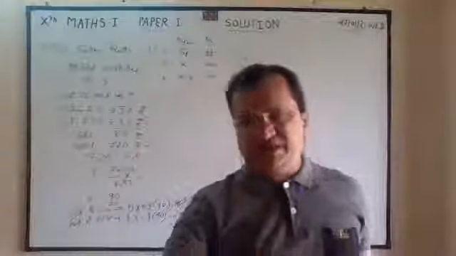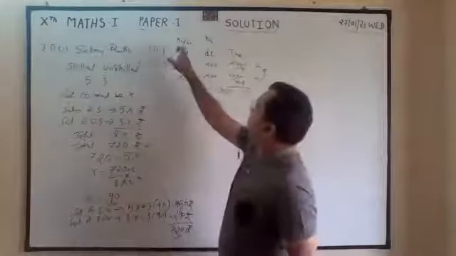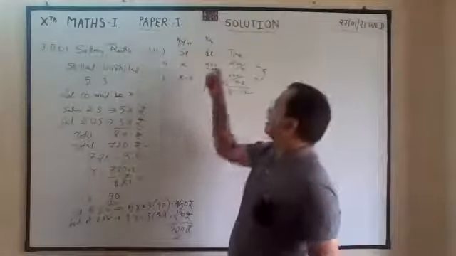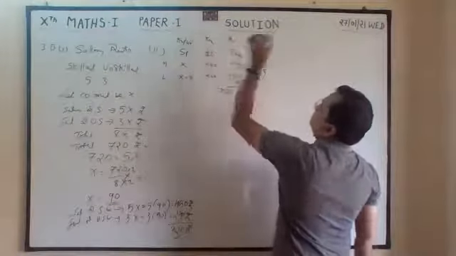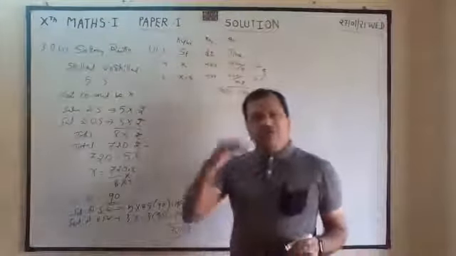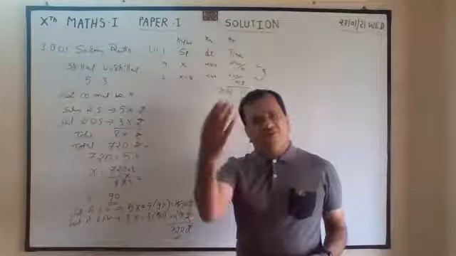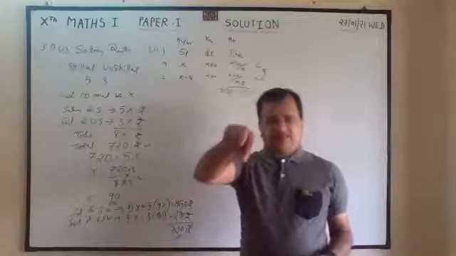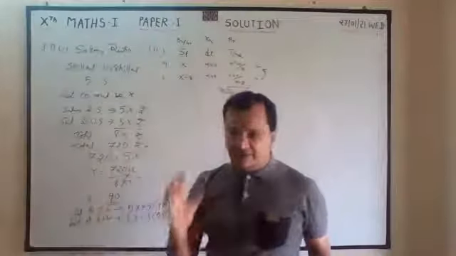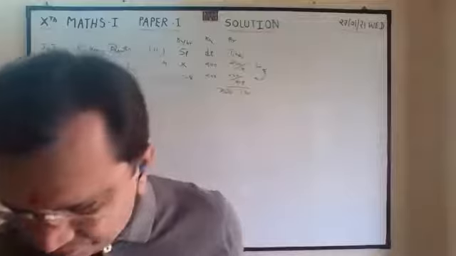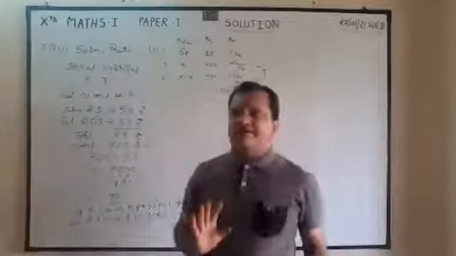Again, I want to explain this full table. Speed in kilometers per hour, distance in kilometers, time in hours. In the first round, we don't know the speed. We have to find out the speed, so consider x. In the second round, speed will decrease by 8 kilometers per hour.